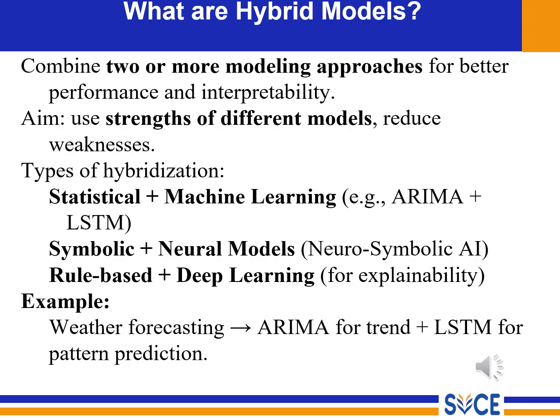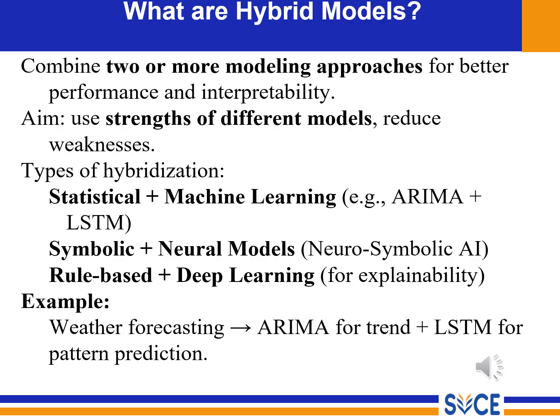Because one model alone may not be sufficient. Each model has strengths and weaknesses. A hybrid model aims to use the strengths of different models and reduce the weaknesses of individual models. In simple words, hybrid equals teamwork between models.